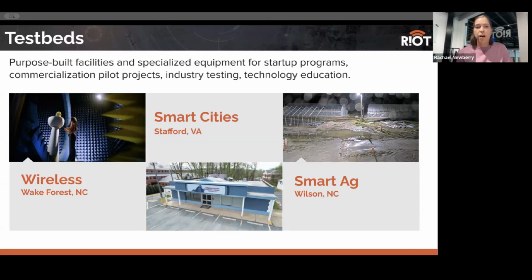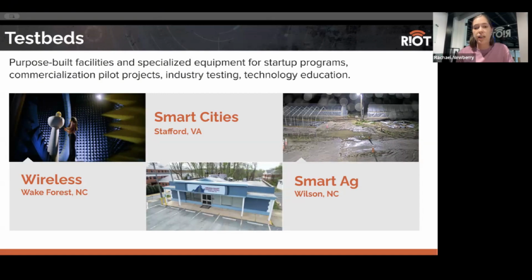And then we have a couple of industry-specific initiatives. Up in Stafford, Virginia, there is a smart community testbed that is specifically tailored to ventures that are building smart city solutions that might sell into government. And they can test new solutions out of that testbed site.